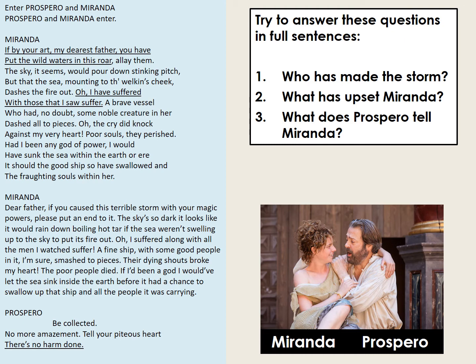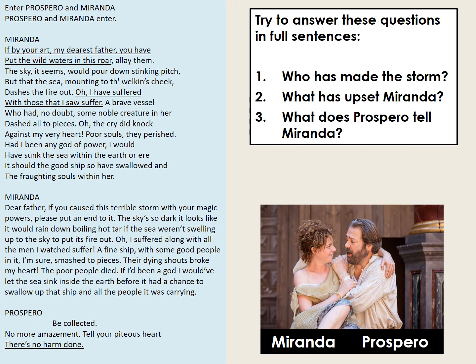Okay, so to help you with this, it's always easier to have a look at a text version of the play. So what I've done is I've pasted this extract for you to use to help you with this. All of the answers to those questions are in this extract on the left-hand side. And I've also underlined a few phrases that you could use to help you with this. So for instance, number one, who has made the storm?